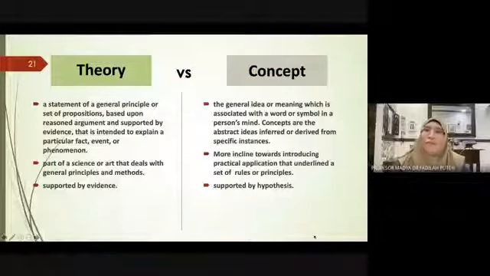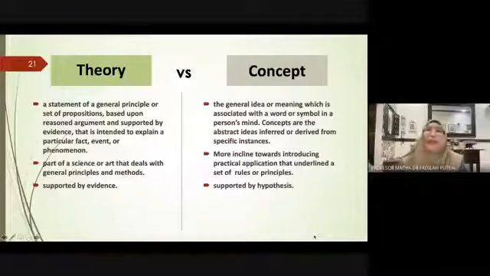Concept, on the other hand, is a general idea or meaning which is associated with a word or symbol in a person's mind. Concepts are abstract ideas inferred or derived from specific instances. So a concept is something that you say could be important and able to explain why certain phenomena occur. But you don't know whether this concept is actually true or accurate.